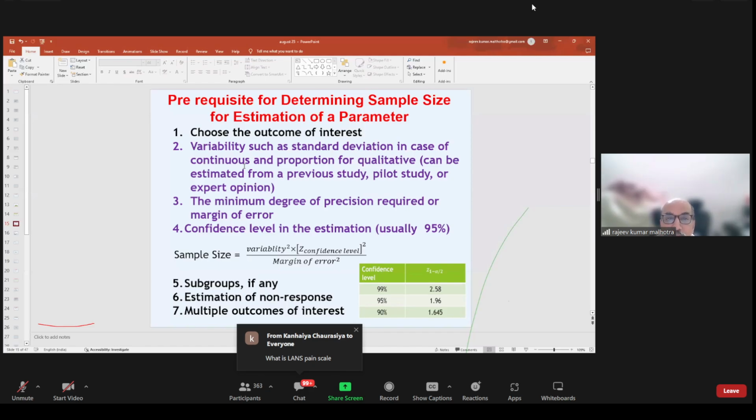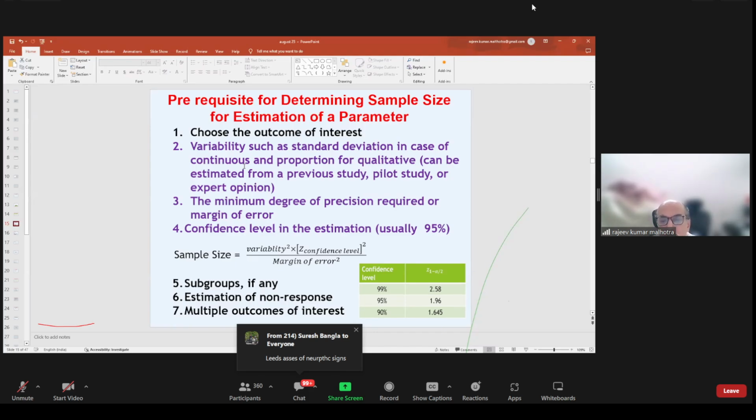The second thing is variability, such as the standard deviation in the case of a continuous variable, and the proportion for a qualitative variable, which can be estimated from a previous study, a pilot study, or expert opinion. Variability is how much the standard deviation is for a continuous variable; for a qualitative variable you take the proportion and find the variance.